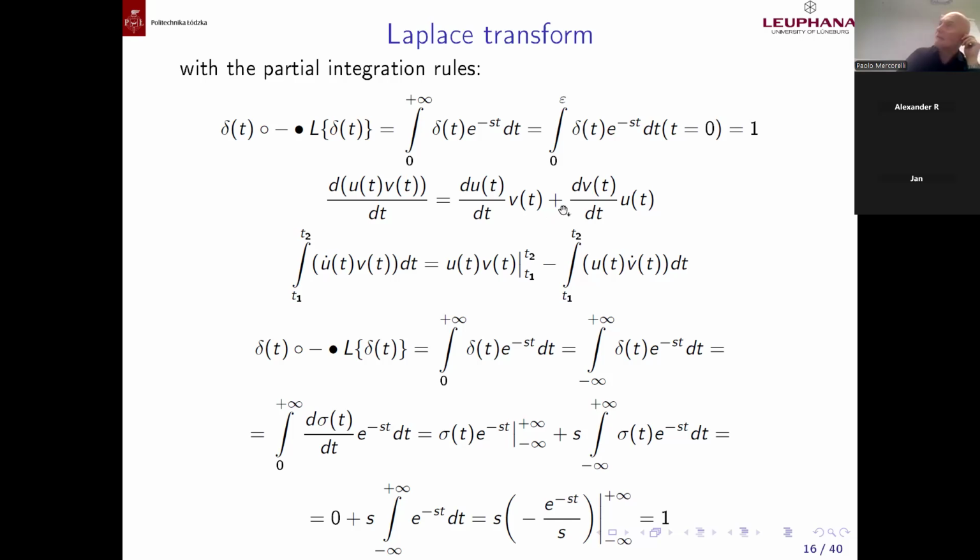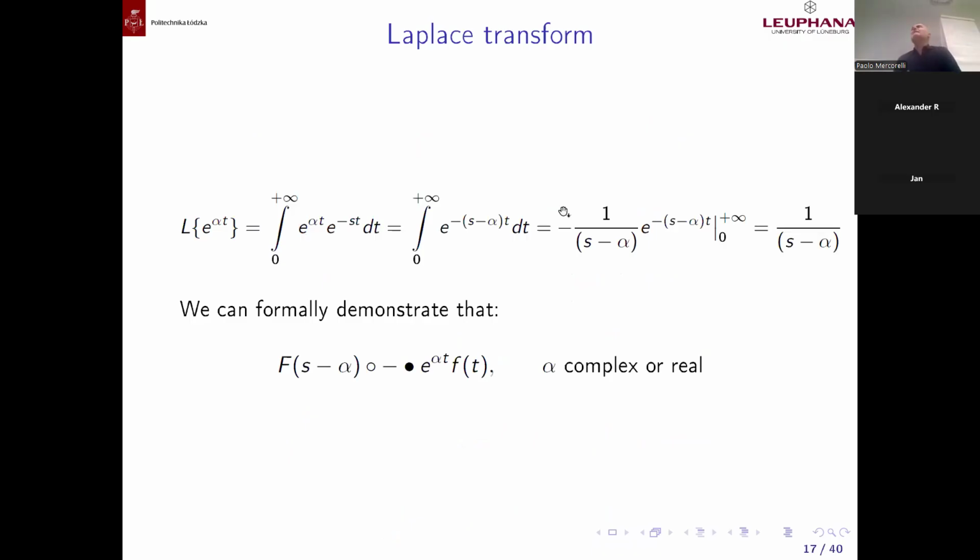Okay, this one. Look at this important Laplace transform, or better to say, the Laplace transform of an important function, which is the exponential function. In general, alpha could also be complex, but let me consider it real. Why is the exponential function important to analyze also with Laplace?